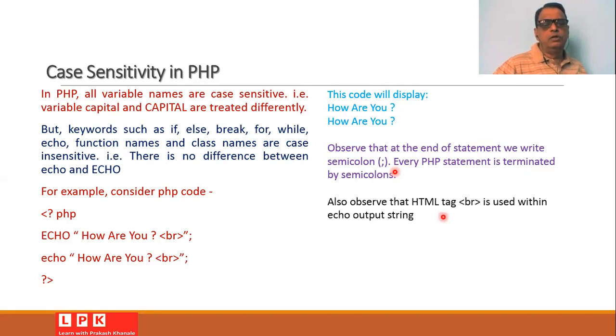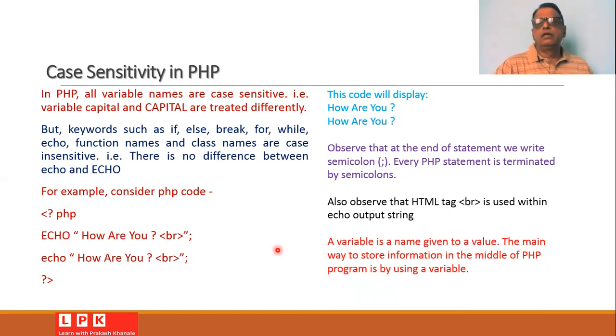Also, whenever we write any PHP code, it is possible to make use of HTML tags. For example, here we have used the HTML tag break, so that we can have a break in the line. So such tags can be used in the PHP code.